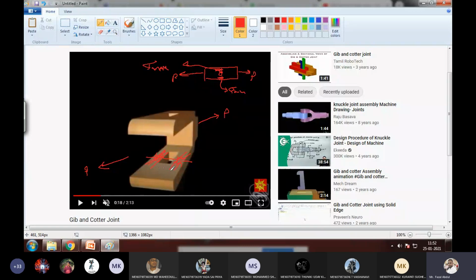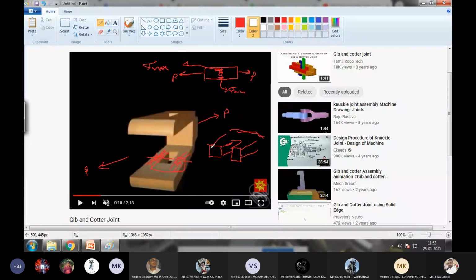So if it fails in this region, how it appears, I am drawing, see here. Okay, like this it is going to fail. So the area is here.